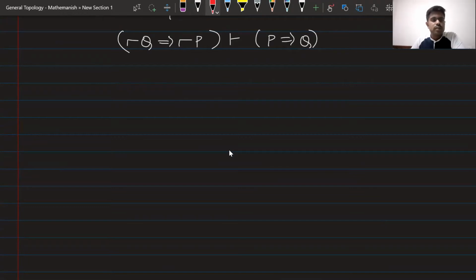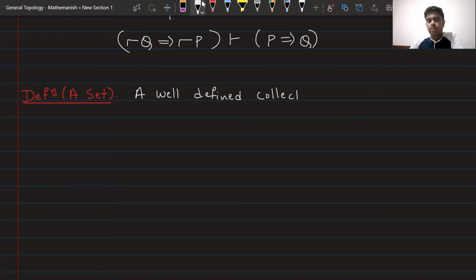The first one is the very basic definition, that is a set. So what is a set? We all know it is a well defined collection of objects. So it's very important to be clear about the notations that we use here.